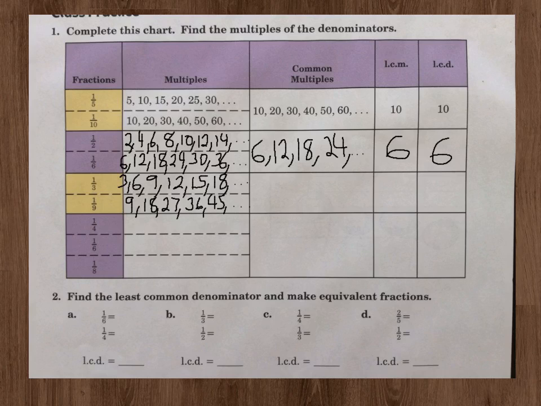And so our common multiples would be 9, and then 18. Now if you were to keep going with your line of 3s, you'd then have 27. We can stop there, because there would be more, but we're going to stop there. And then our LCM, which is our lowest common multiple, would be 9. And our LCD will also be 9.